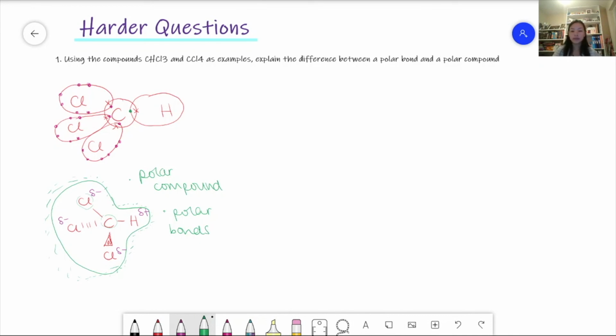So you've got the carbon again with the 4 electrons. And then we're going to bond it with 4 chlorines. 3, 4. And they're going to share 1 pair of electrons each. And there's 6 left in each of their outer shells.